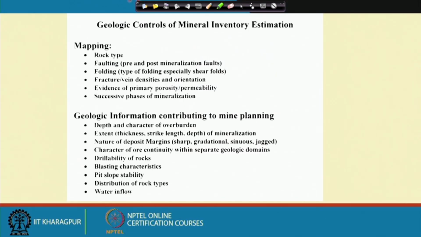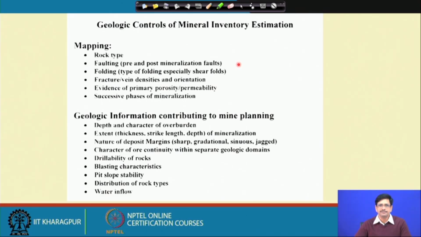In this lecture we will briefly discuss the importance of certain aspects, because what lies at the very basic or very background of all this mineral inventory estimation is the geology. We need to establish the continuity of the ore body. The geologic continuity and the value continuity both are to be ascertained.